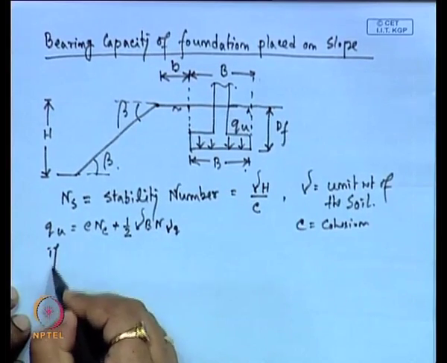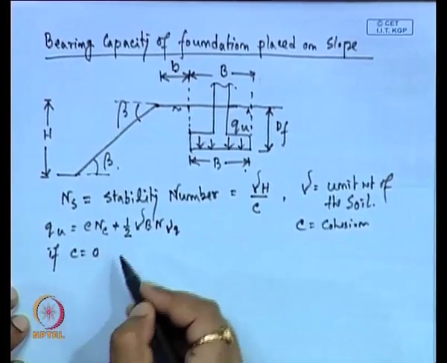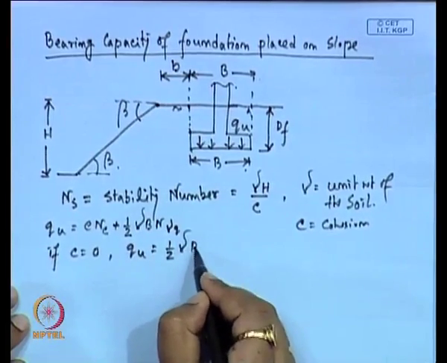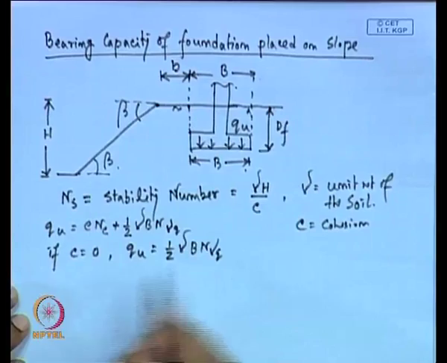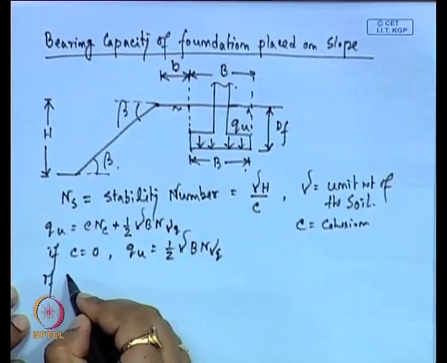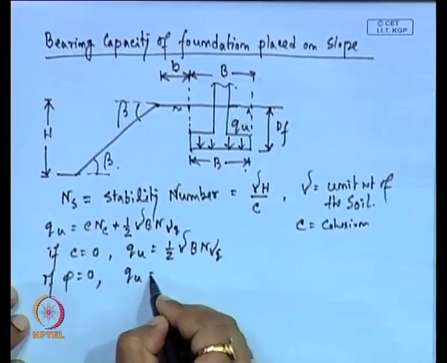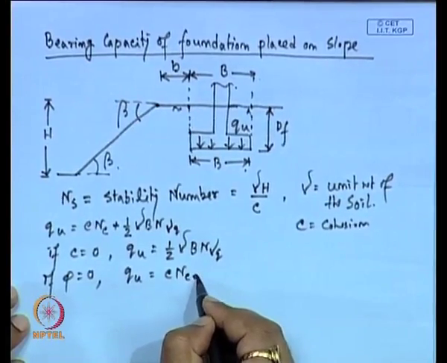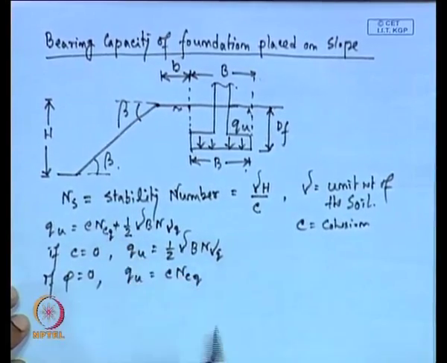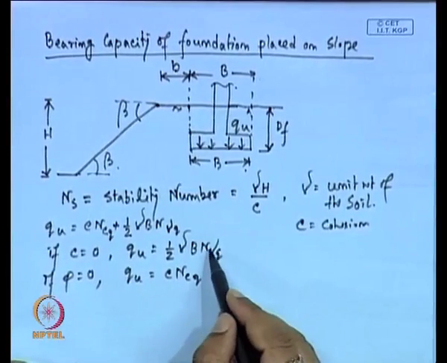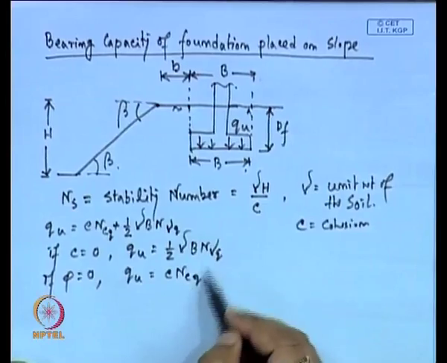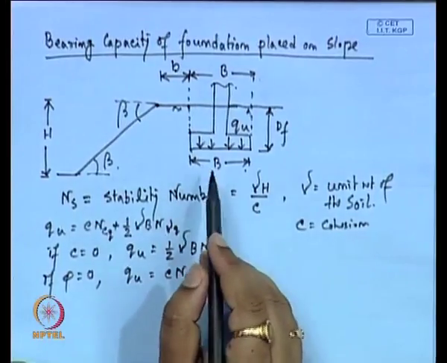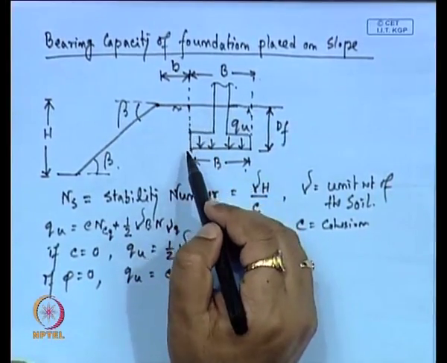Now, if C is equal to 0, then Qu will be half gamma B N gamma q for surface footing. Now, if phi is equal to 0, then Qu will be c Ncq. So, N gamma q and Ncq are also bearing capacity factors under this condition, that means when the foundation is placed on or near the slope.